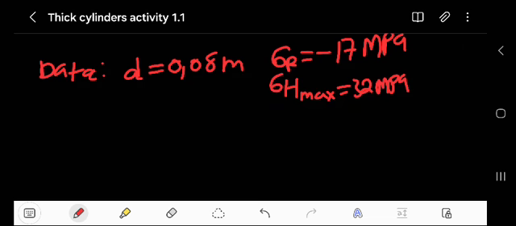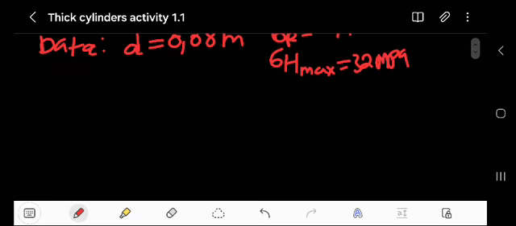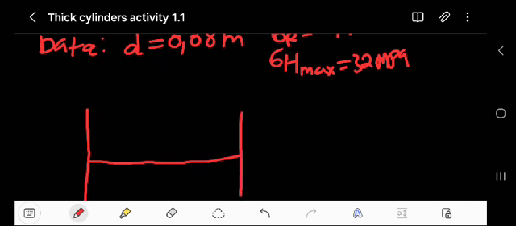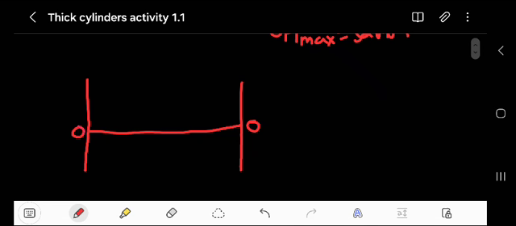So we're dealing with internal pressure. Guys, if you're dealing with internal pressure, you can draw your internal pressure stress distribution graph. How cool is this? Here we'll have 0. This is our diameter D1, which is 0.08 meter.